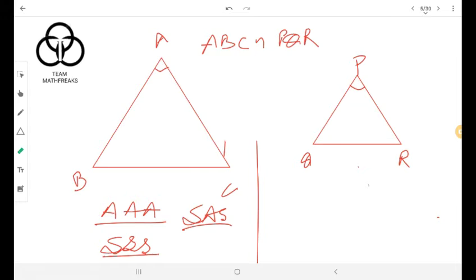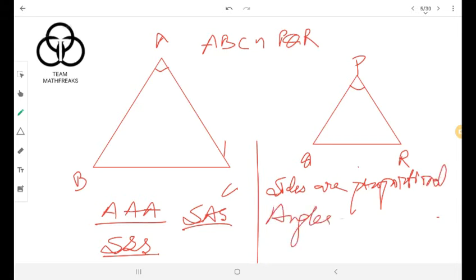What are the properties of similar triangles? Sides are proportional. Angles are equal.